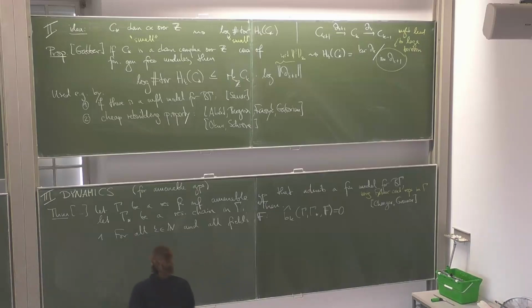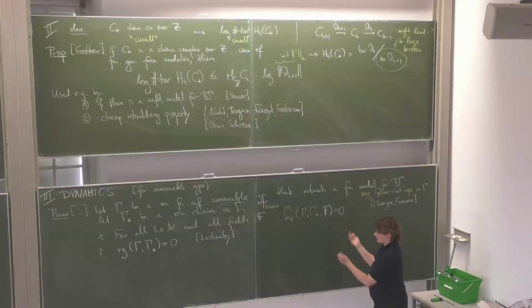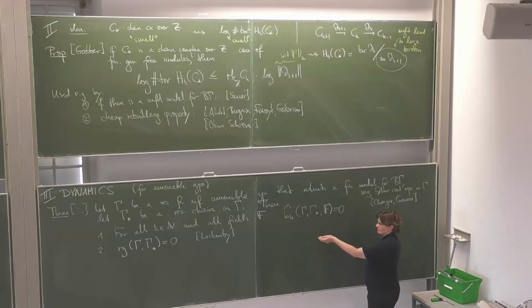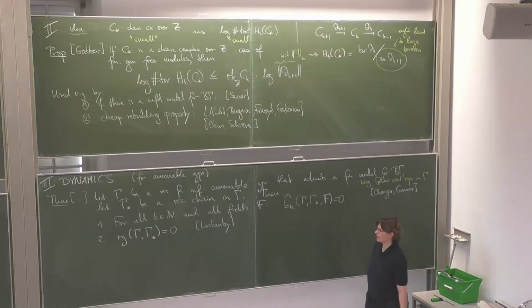Okay. And the second is that we can look at the rank gradient. This is 0, and I think the first proof is by Lackenby, and it's really in this residual world. But of course, you can also use the Abért–Nikolov theorem.